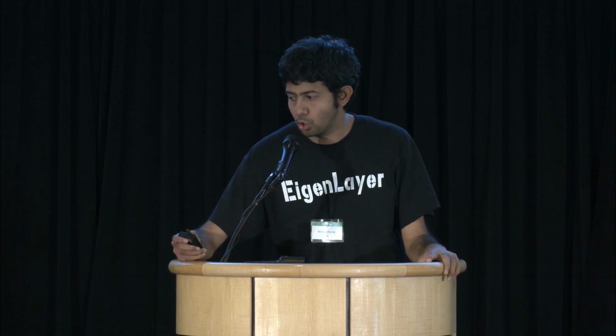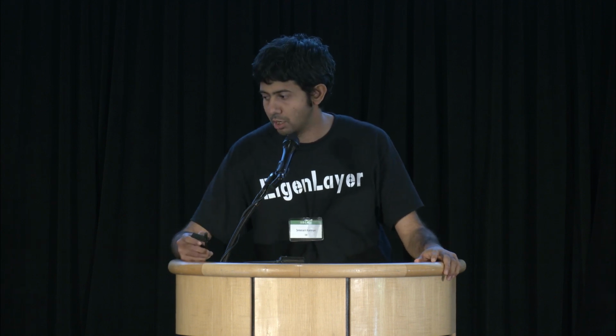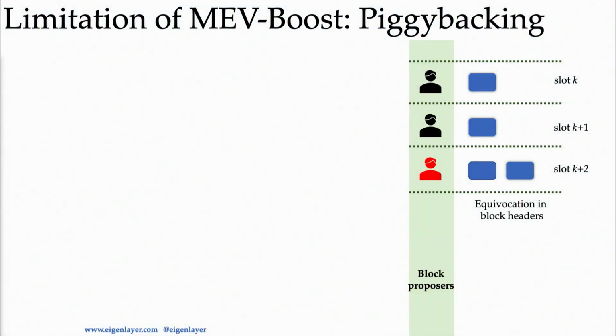What is slashing? If you have a given slot, there is a block proposer for each slot. If a given block proposer engages in signing 2 headers for the same slot, such a block proposer can be slashed. This is a core protocol feature of Ethereum. So equivocation, which is just the fact that you're signing 2 different things at the same block number, is considered penalizable in Ethereum.